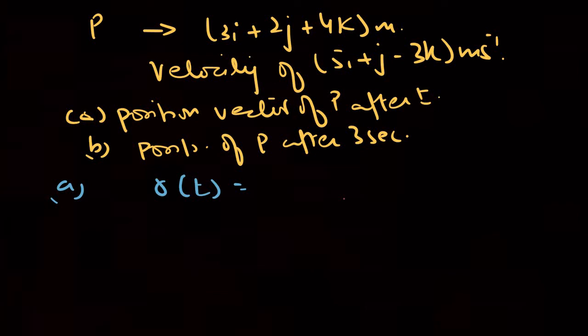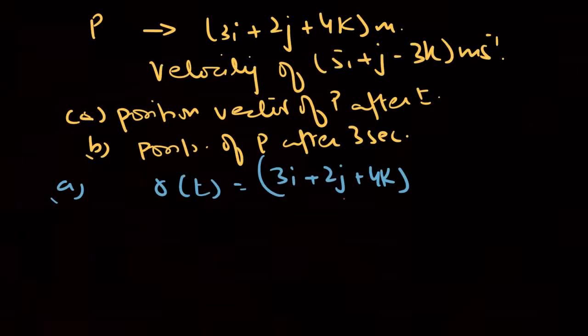So 3i plus 2j plus 4k plus t into 5i plus j minus 3k, because it is asking us what the position vector will be after t.